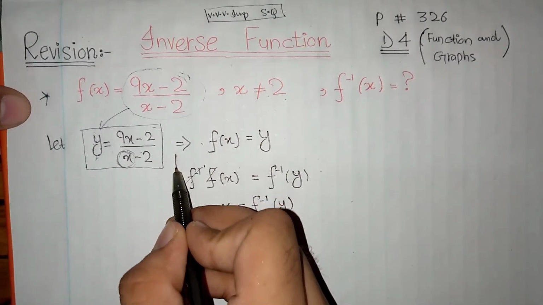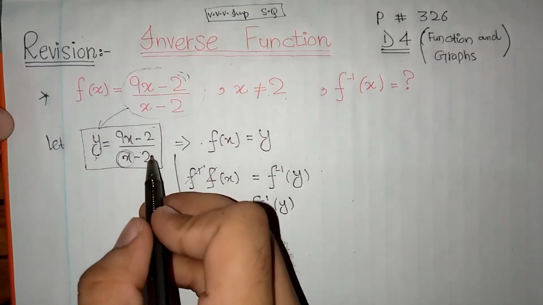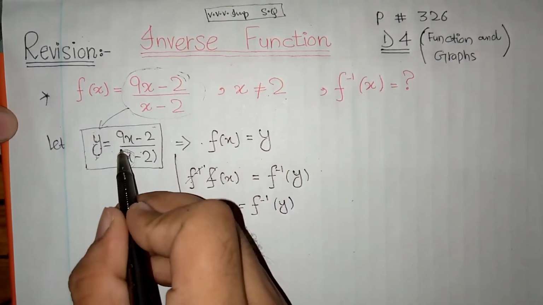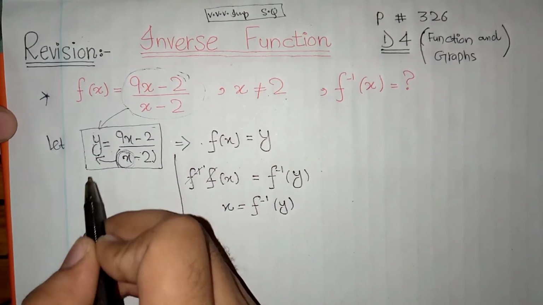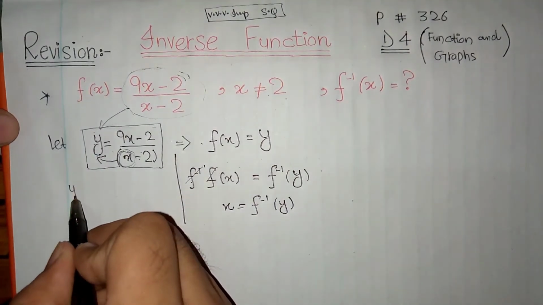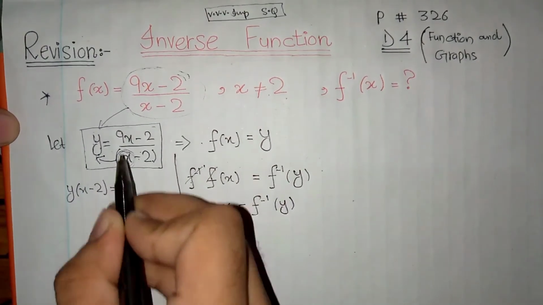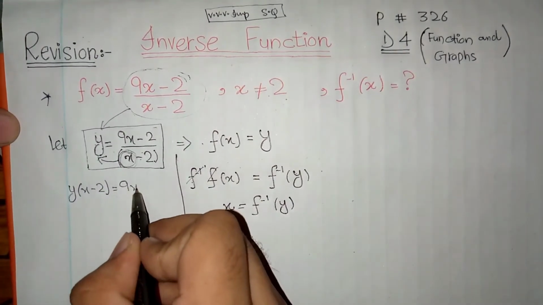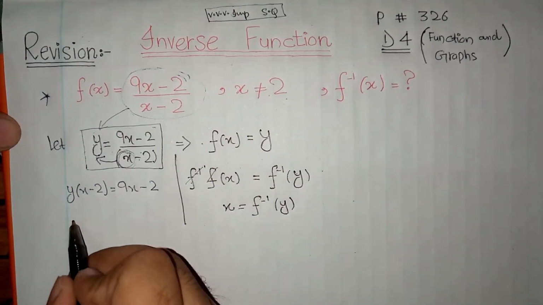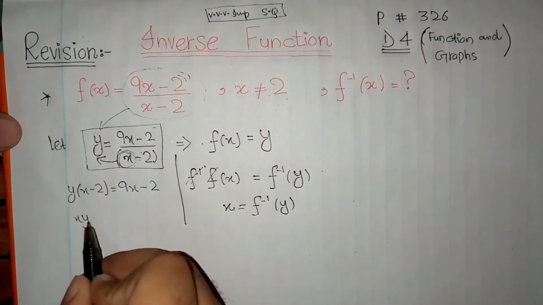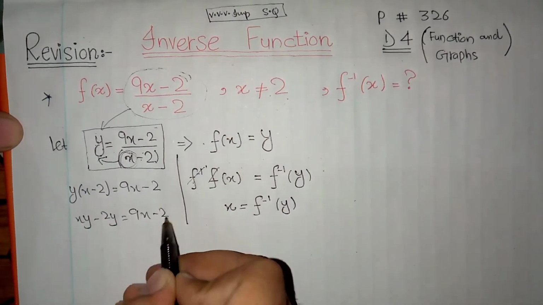So I put a line and solve this expression. The denominator x − 2 is shifted to the right side and can be written as y times (x − 2), and the other expression is as it is. Now multiply y with the bracket: xy − 2y = 9x − 2.